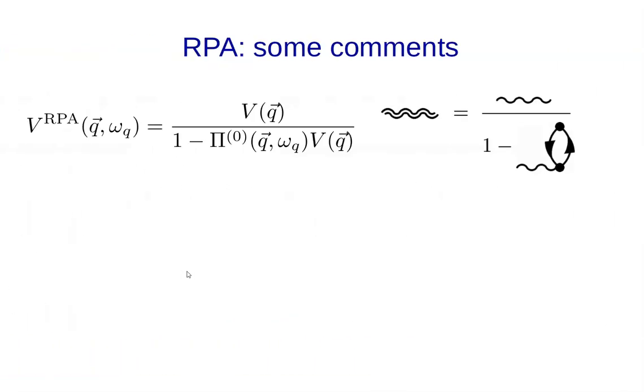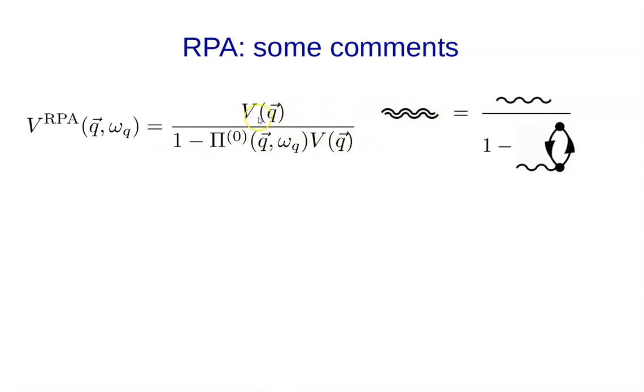Okay, a few comments now on these results. The first one is that, as I mentioned, we can formally solve the Dyson's equation for the RPA potential like this. Since it's an algebraic equation in momentum and frequency space, I can essentially solve it in this form: the bare Coulomb potential divided by 1 minus the polarizability times the Coulomb potential itself.